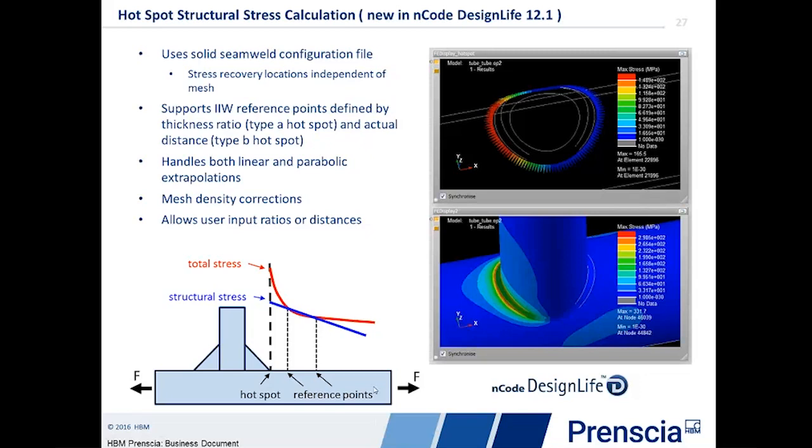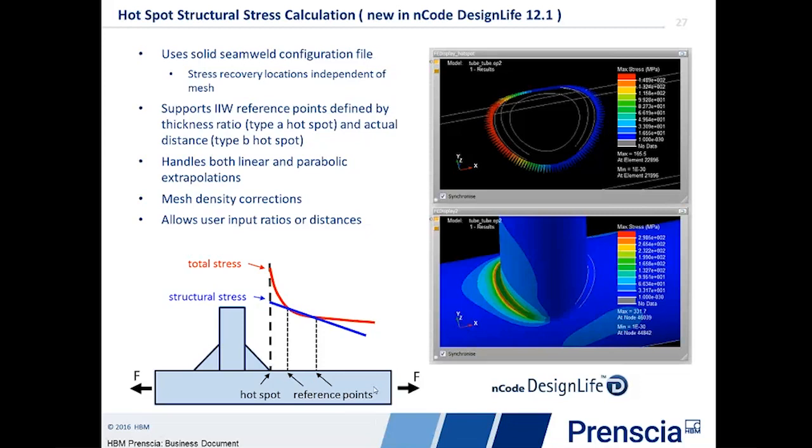We also handle both the 2-point and 3-point extrapolation, so a linear extrapolation or a parabolic extrapolation, automatically in DesignLife. And there are also corrections there for coarse and fine mesh. These are all following the IIW standard. In addition, it's been expanded such that we can go in and have a user specify locations, either ratio or physical distances, to follow other standards.